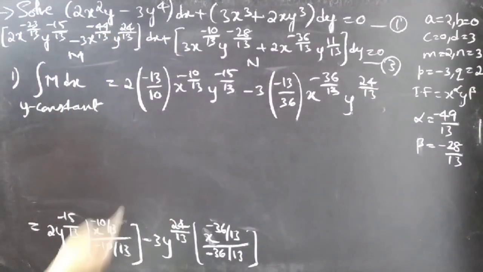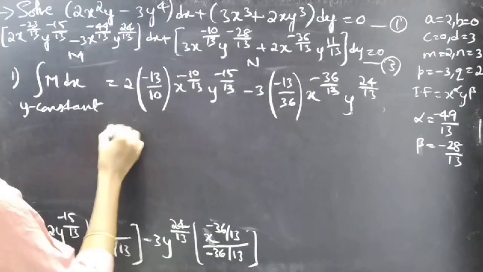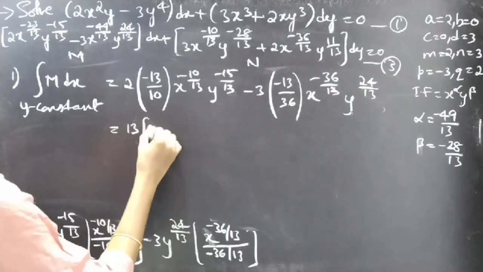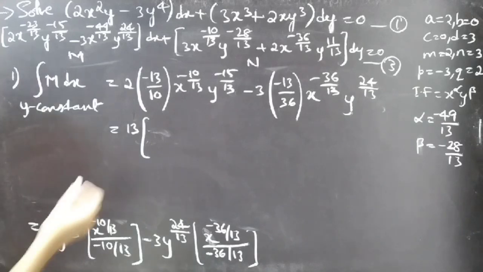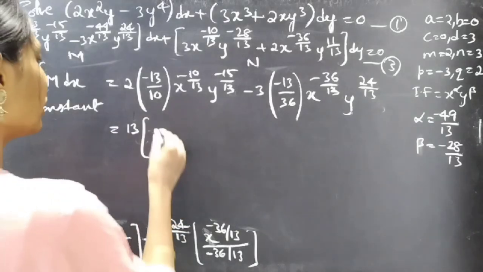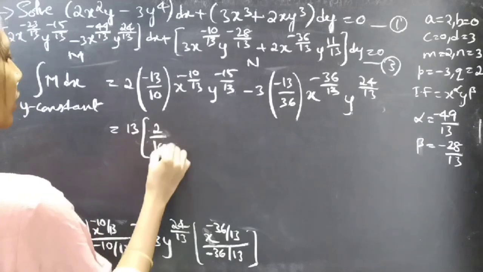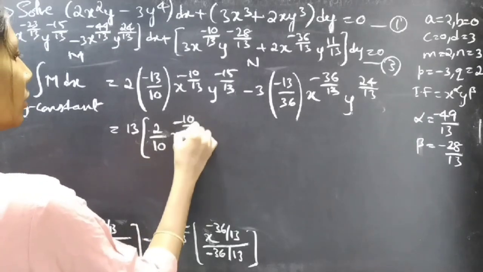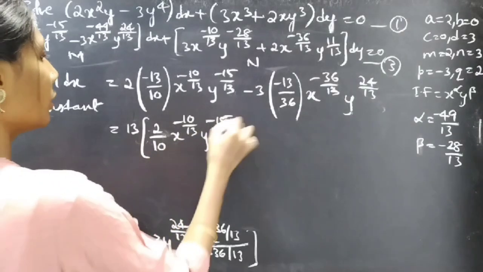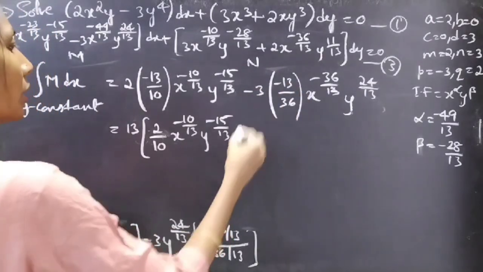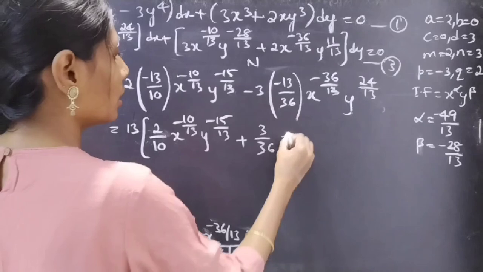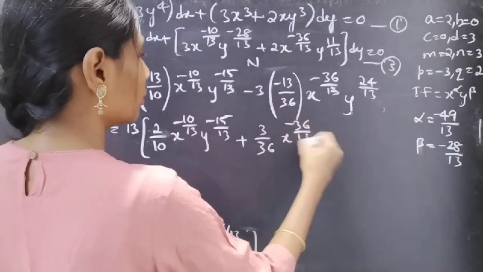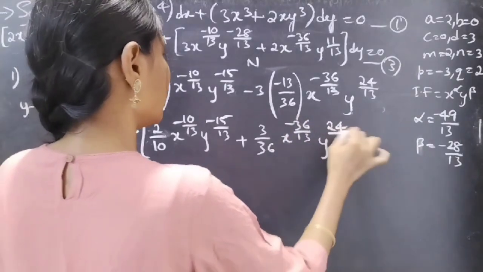We can take 13 common from these two terms. Just take 13 common, you'll get 2 by 10 into x power minus 10 by 13 y power minus 15 by 13, minus into minus plus 3 by 36 into x power minus 36 by 13 y power 24 by 13.